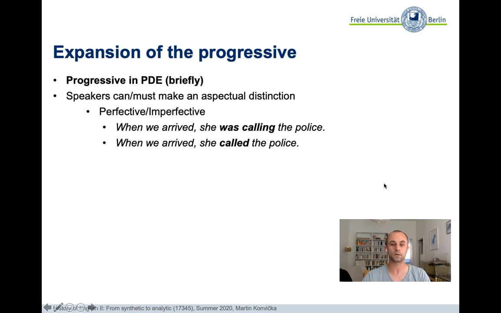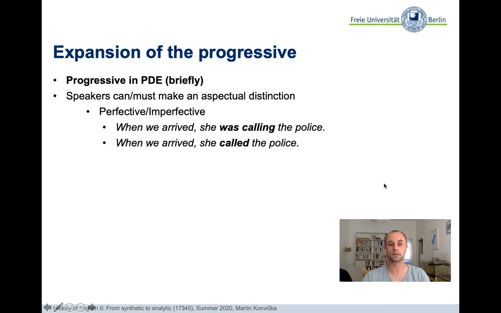An example would be, if we say, when we arrived, she was calling the police, instead of when we arrived, she called the police, we can make the distinction between whether the action represented by the verb here in bold was already finished or not. So if we say she was calling the police, she was still calling the police when we arrived. She called the police when we arrived, the call was already over.